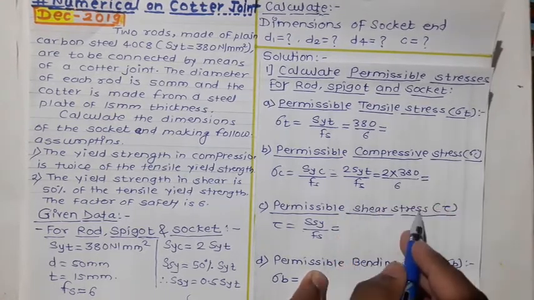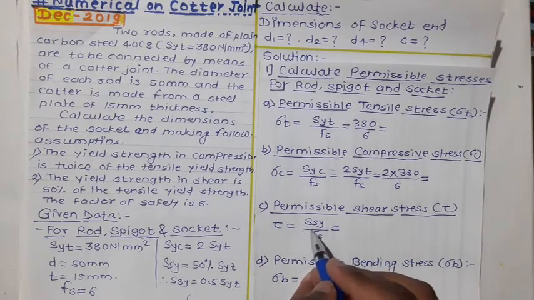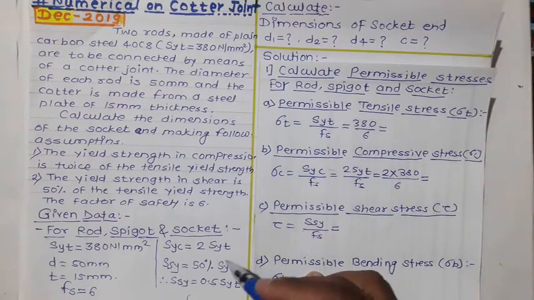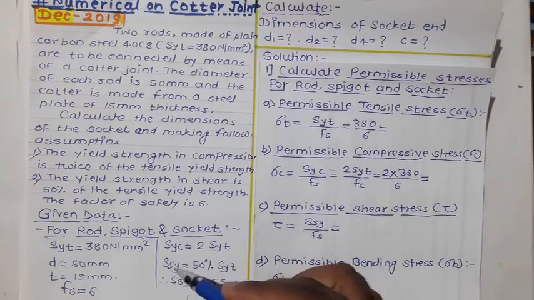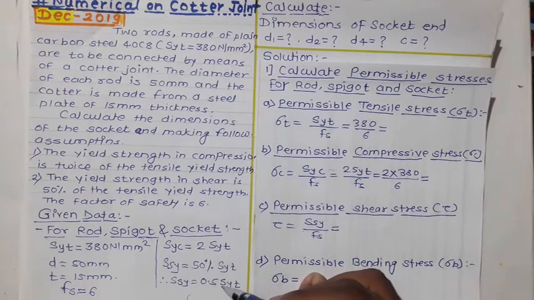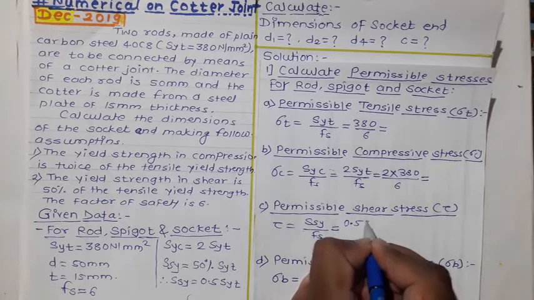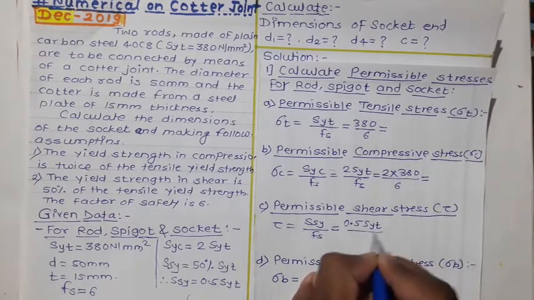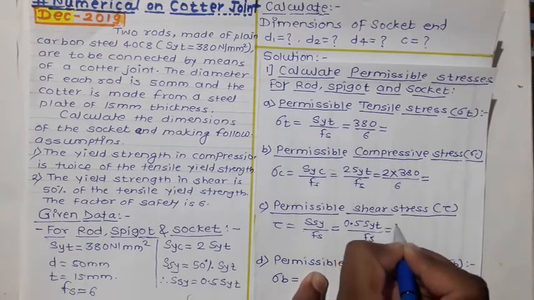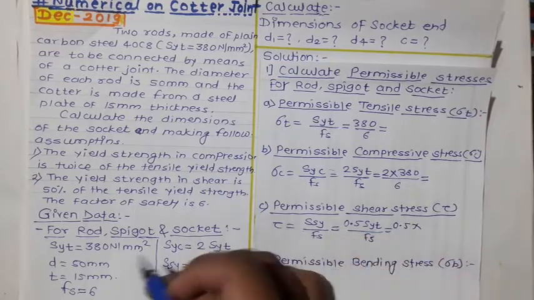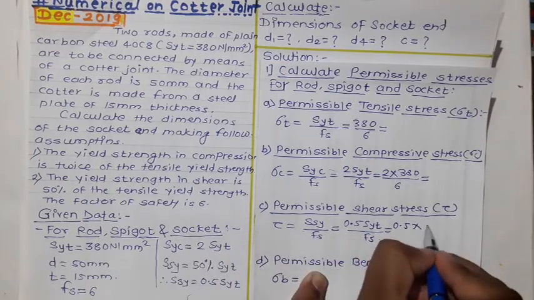Next is permissible shear stress tau. Tau is defined as SSY upon Fs, but we have the assumption that SSY is equal to 0.5 times SYT. So we write SSY here as 0.5 SYT upon Fs. So 0.5 into SYT, which is 380.